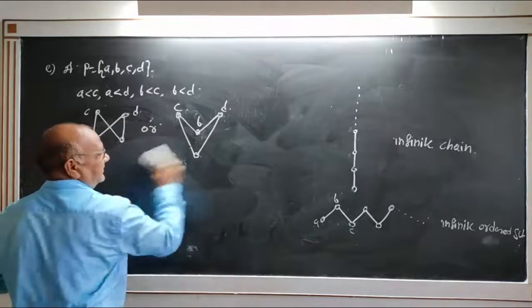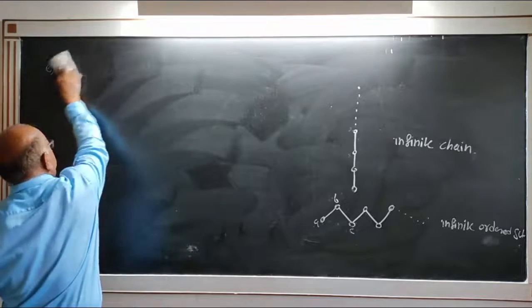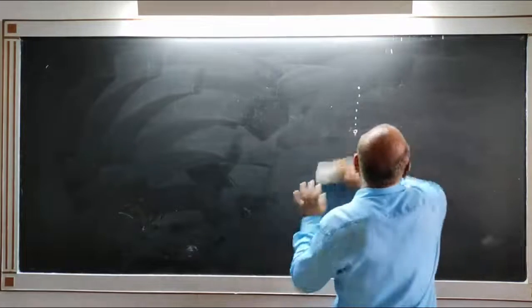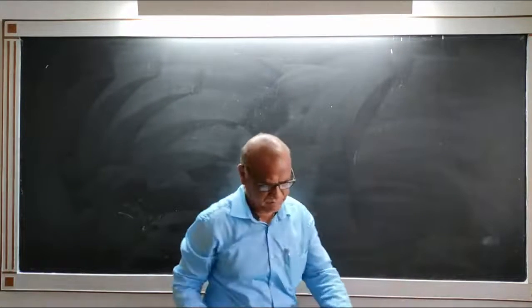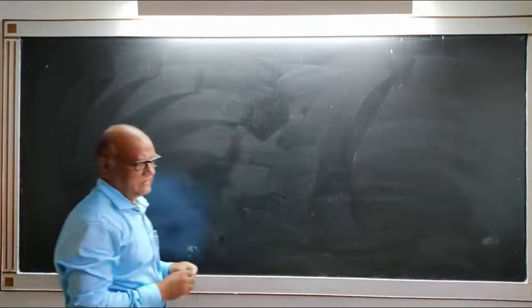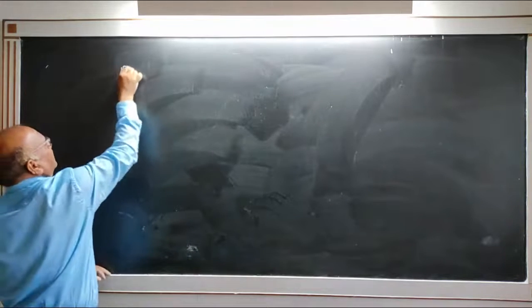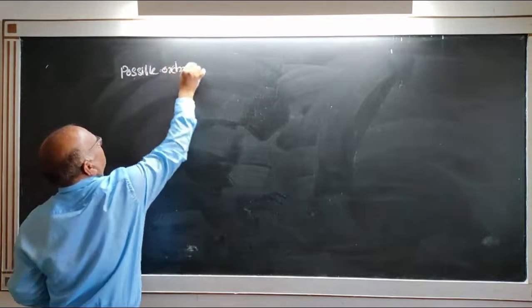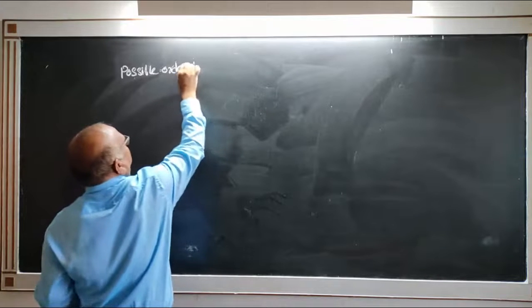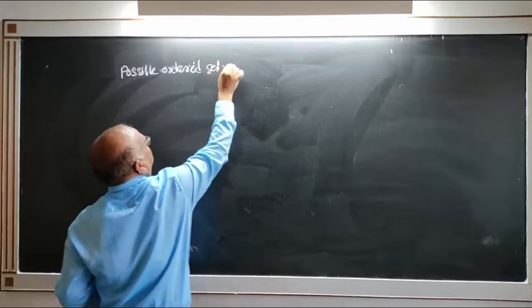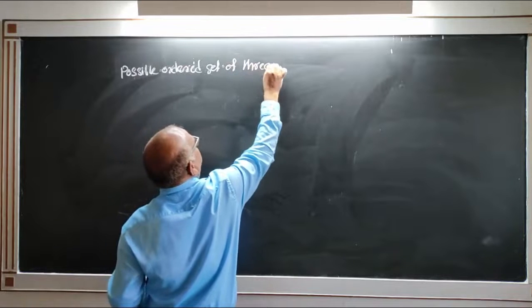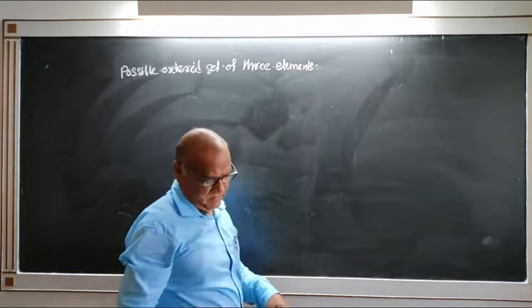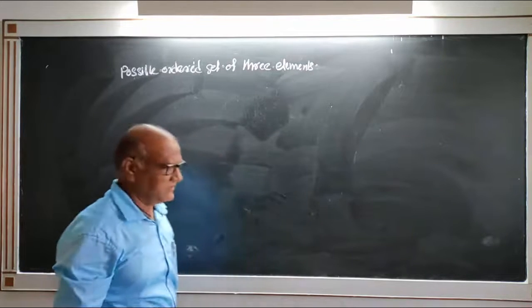Now see here, next example. Possible ordered sets of three elements.